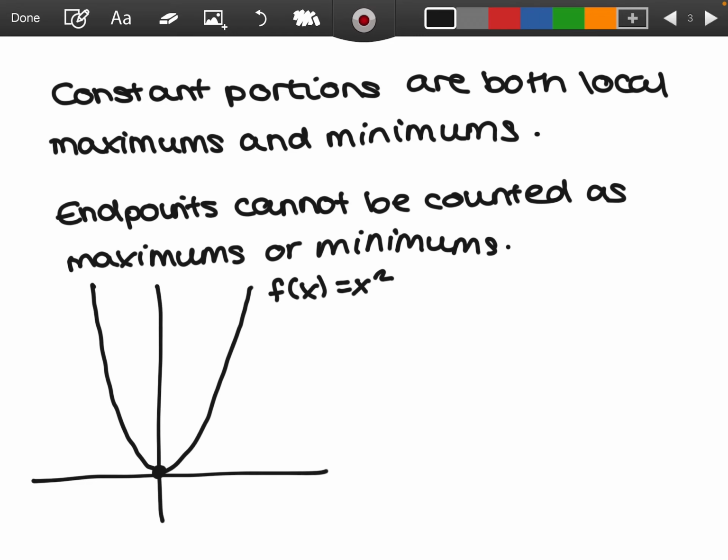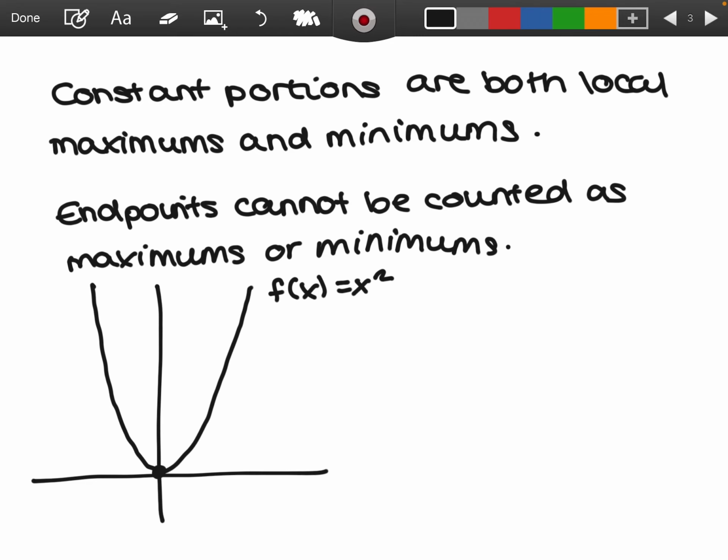Whenever you talk about local maximums and minimums, keep in mind that you always say that the local maximum or minimum is the function value. It's the actual value found at the x coordinate. So here we have a local minimum of 0 found at x is equal to 0.